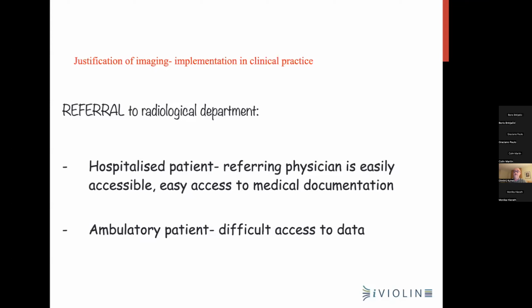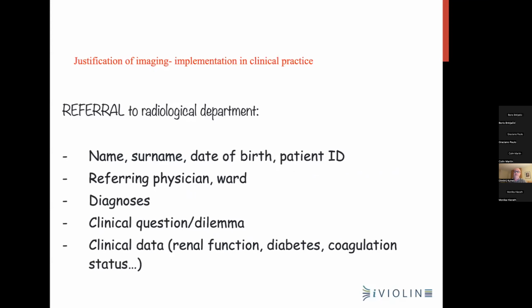What should be written on the referral? We should know for which patient, which examination is required, who is the referring physician and the referring ward, because there we can get additional data.